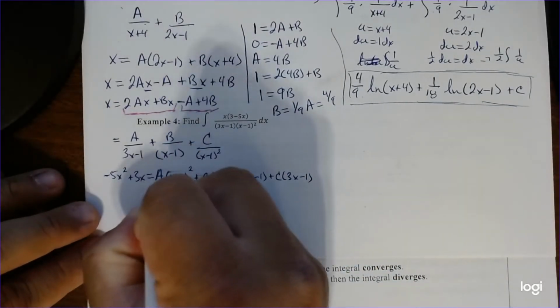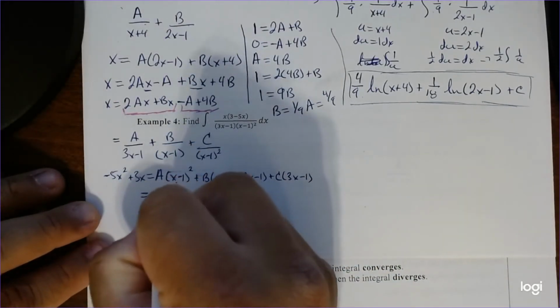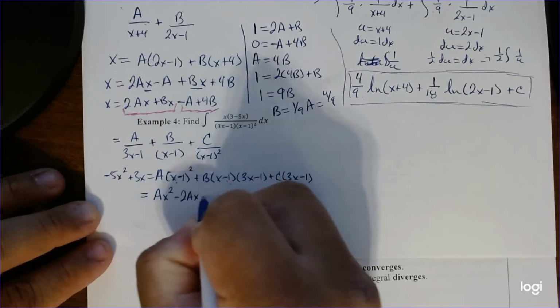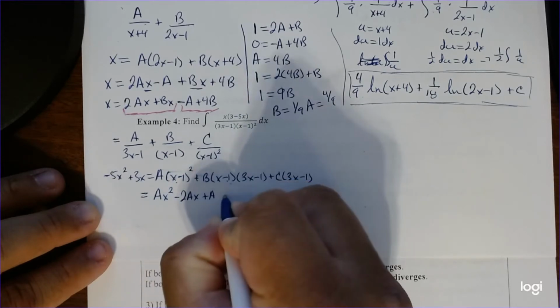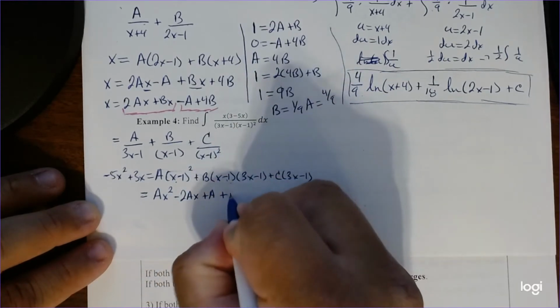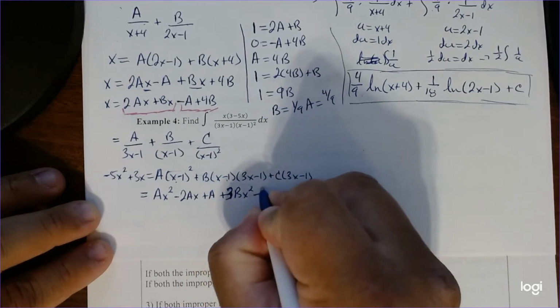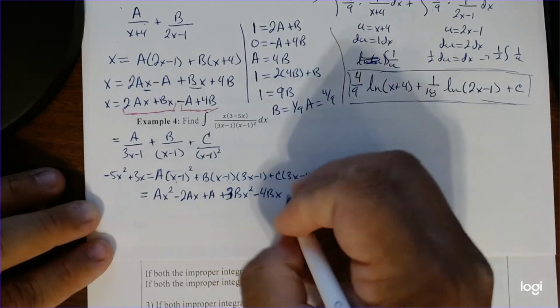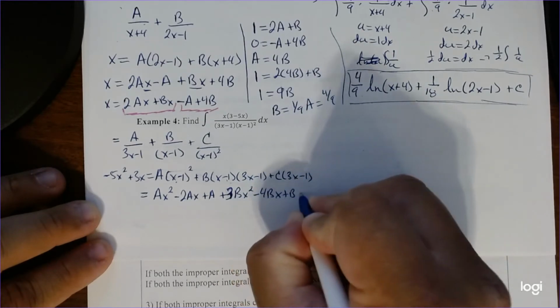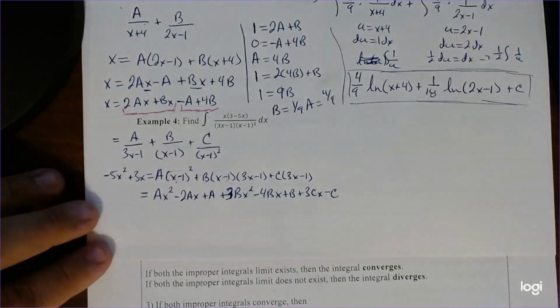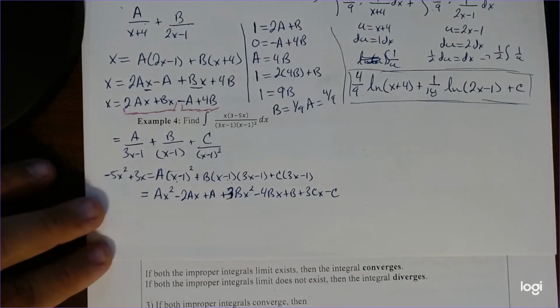So we're going to have this is equal to ax squared minus 2ax plus a plus 3bx squared minus 4bx plus b plus 3cx minus c. Okay.